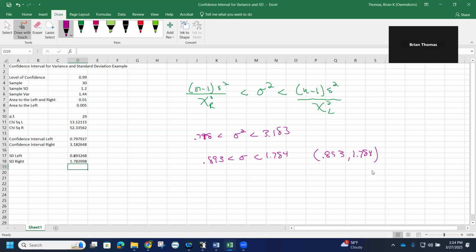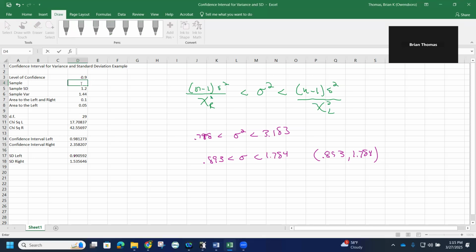Now, what's nice about this is if I change my confidence level to say 90%, if I enter, notice how by creating formulas in Excel, it does all the math for me. So suppose we have a different example altogether where our sample size may be smaller or bigger.